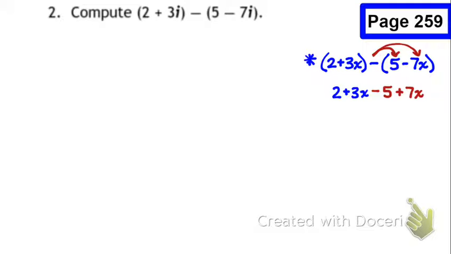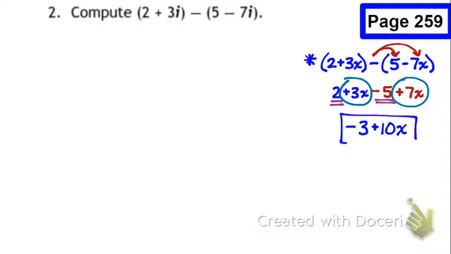We can combine like terms. What are the like terms that I can be combining? 2 and negative 5. What do I get when I combine a 2 and a negative 5 together? Negative 3. Yes. 3x and 7x I can combine together and get a 10x. Positive or negative 10x? Positive 10x.